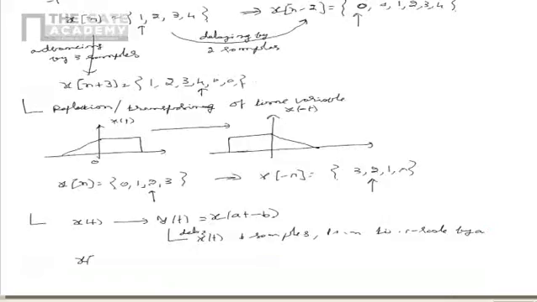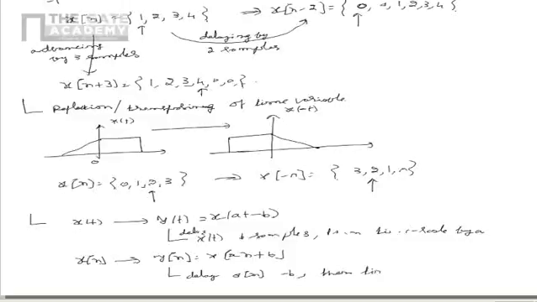Similarly, from x of n, y of n equal to x of an plus b can be obtained by delaying x of n by minus b samples, meaning advancing x of n by b, then time scaling by a.